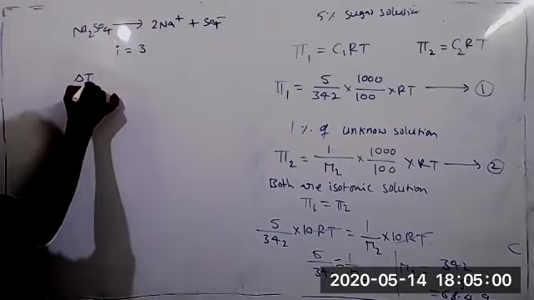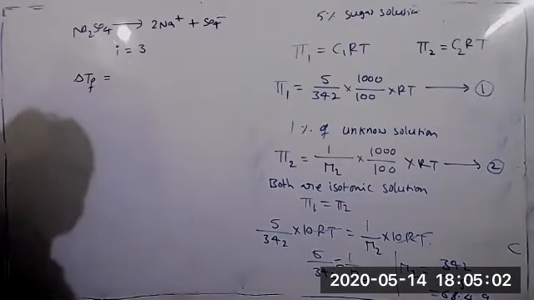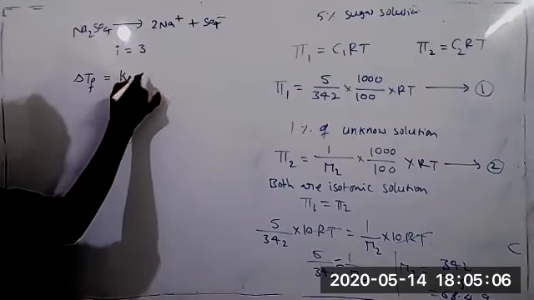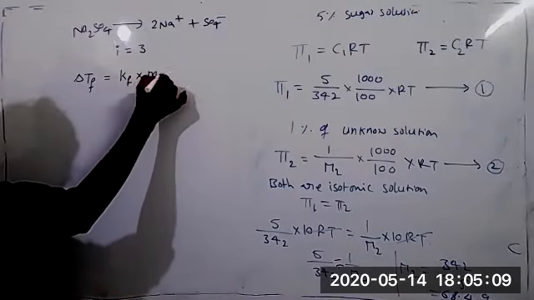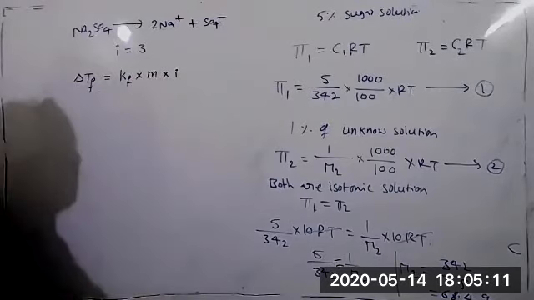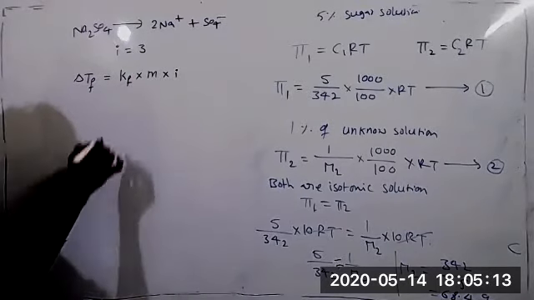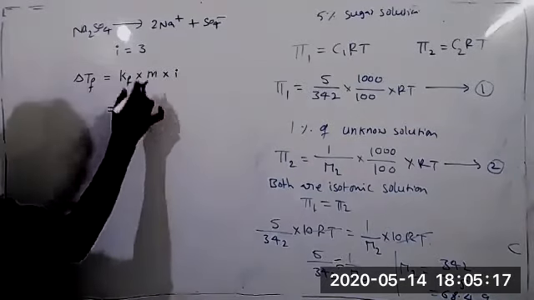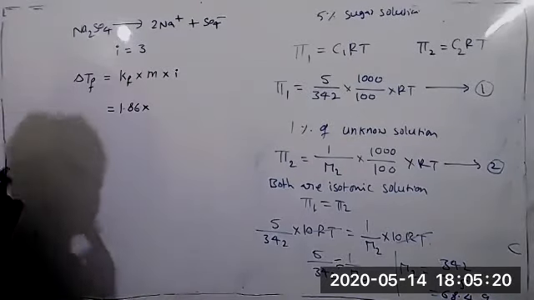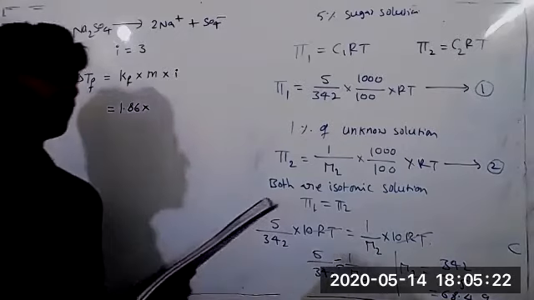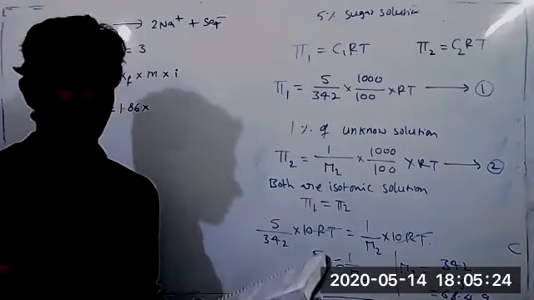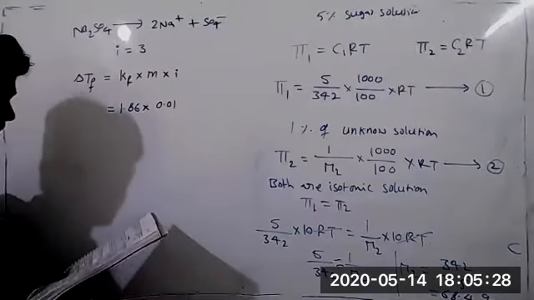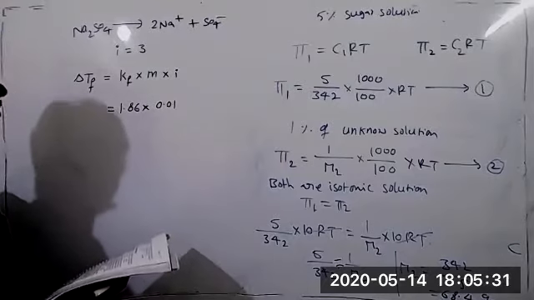This is an electrolyte, so we must consider the i value. Then delta TF formula: Kf into molality, and i also we have to multiply. Yes, correct. Here Kf value is of water only. Water has Kf value 1.82 into molality. Here directly given 0.01 mole of sodium sulfate, so number of moles of solute is 0.01. i value is 3.